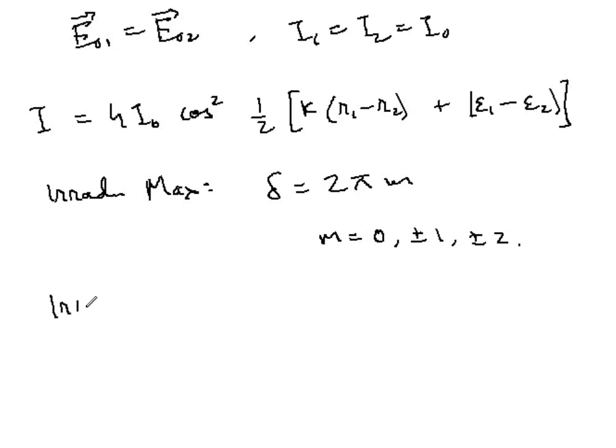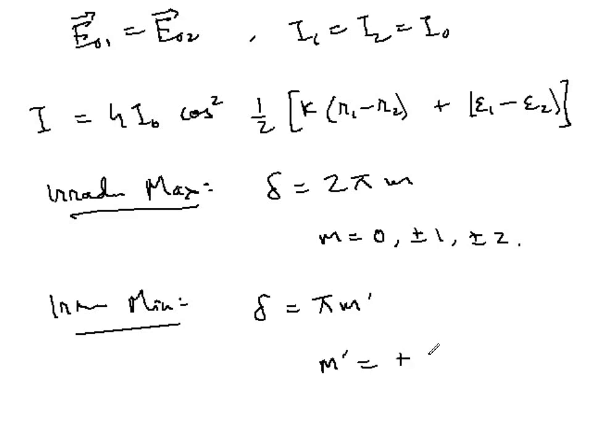Similarly, the irradiance minimum. This is maximum, this is minimum. Where does the minimum happen? This happens for these values, m prime. The value of m prime will be plus minus 1, plus minus 3, plus minus 5, and so on and so forth.